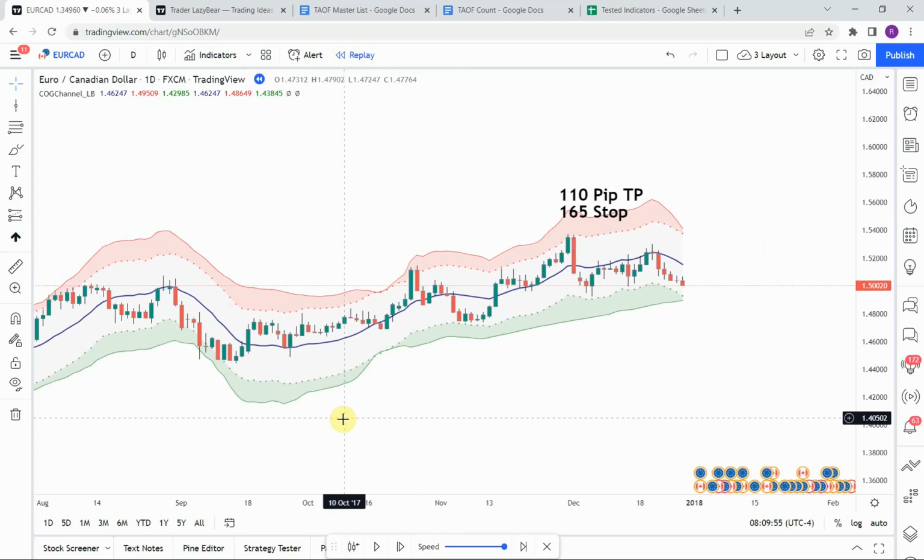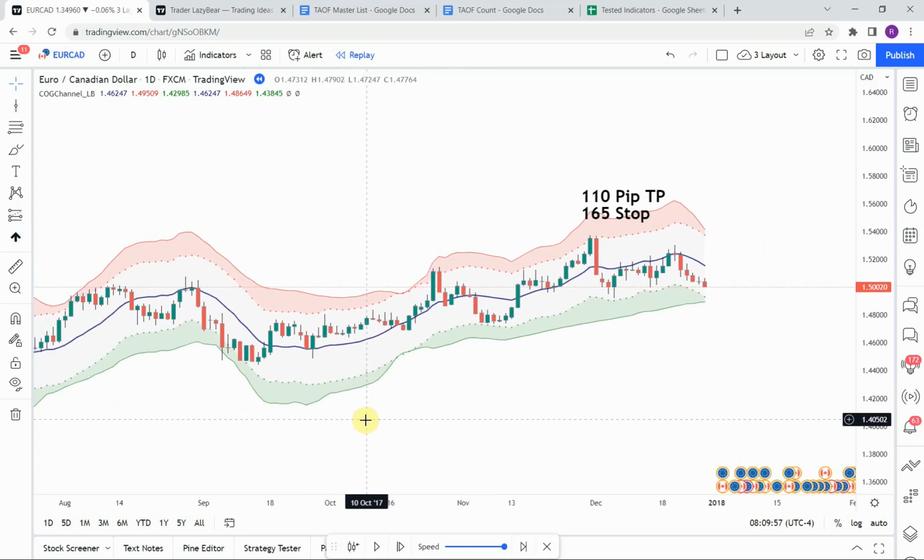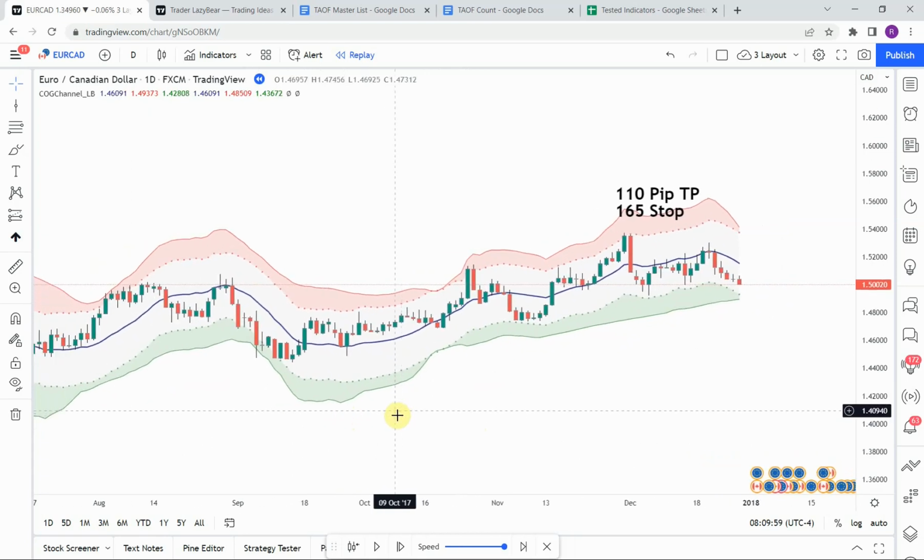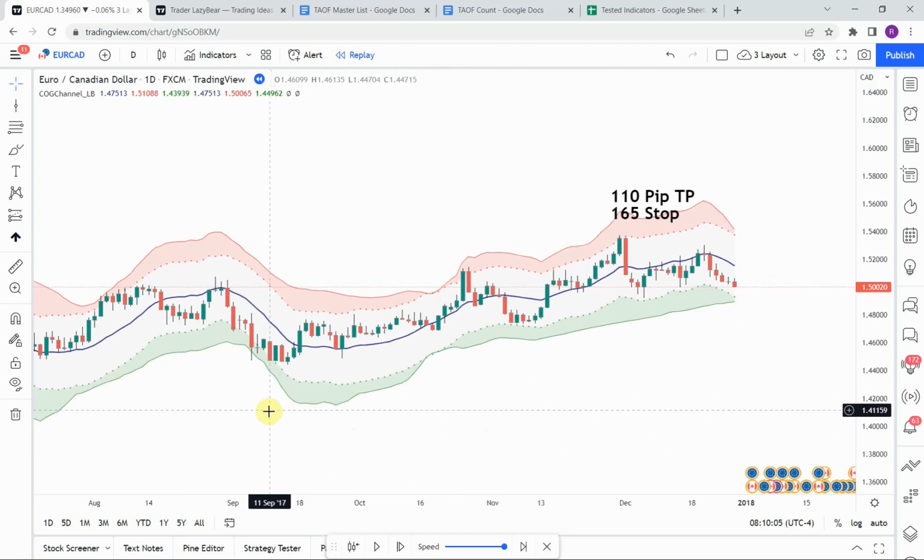Now again, you can see that the creator of the indicator did color the top one in red and the bottom one in green, and that gives us a pretty good insight into what the creator was anticipating using this as, the green being buy signals, the red being sell signals.